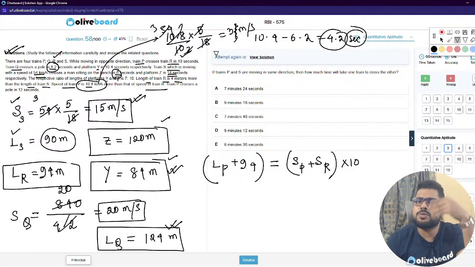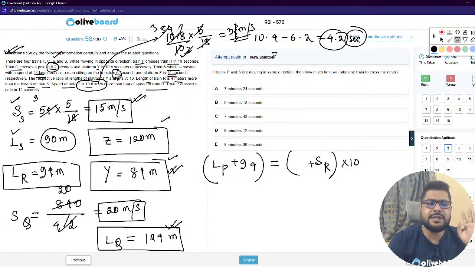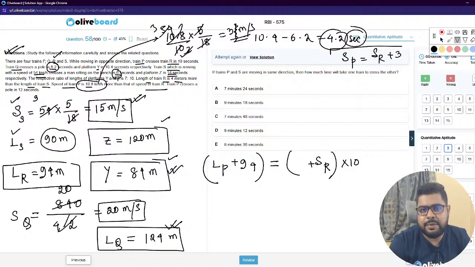It is this much more than R. Length of train, sorry, just a second. Speed of train P. Speed of P is 3 meter per second more than speed of train R, meaning SP is SR plus 3 in meter per second.